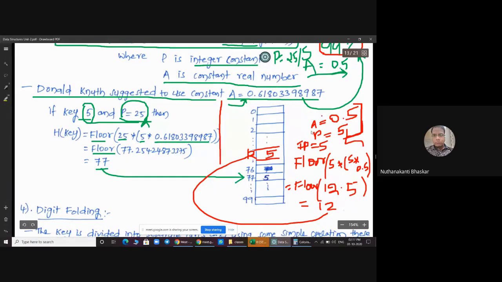But in both cases, for the integer constant you can take your own value. Any integer number you can take as the integer constant. There is no condition. Please remember, don't learn things by heart.